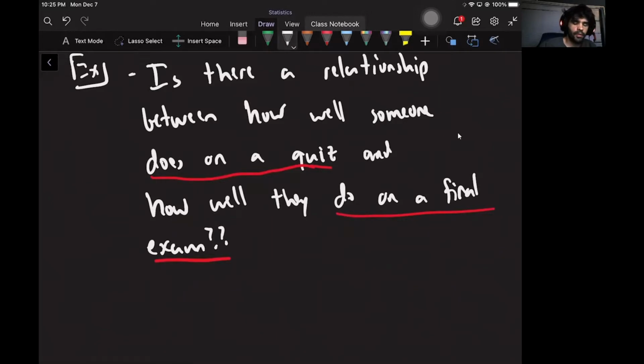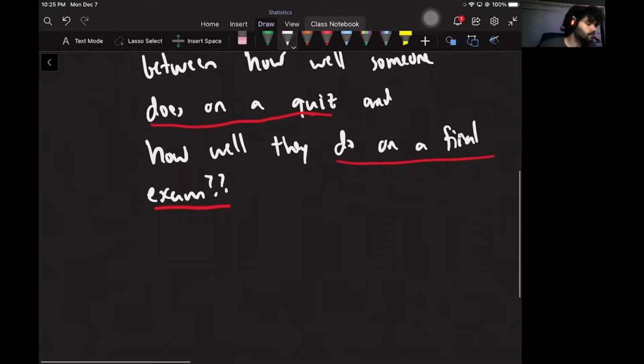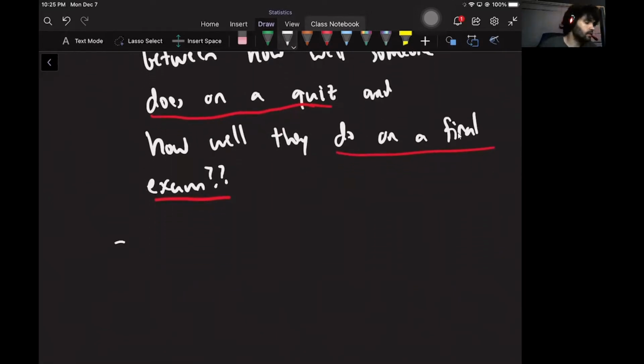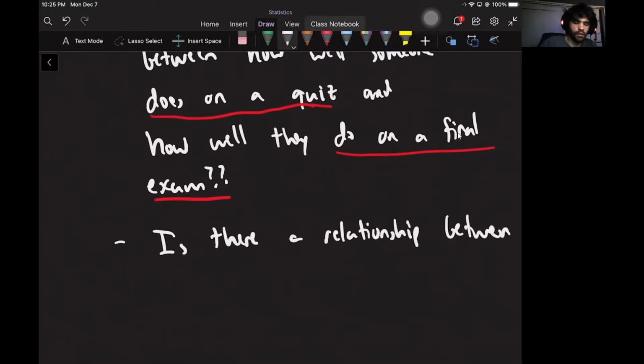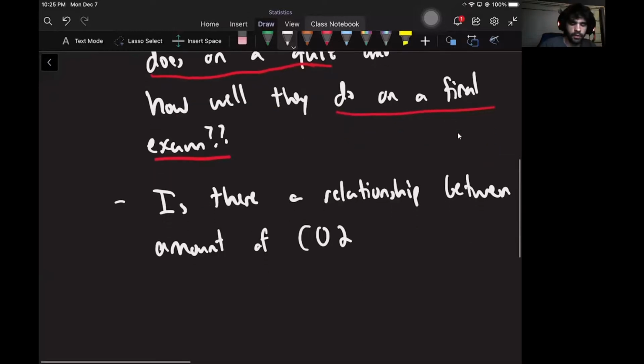So that's one example. But then there's much fancier things. This is a very big thing now. Is there a relationship between the amount of CO2 released and an increase in temperature? I don't know if the 2 is big or small because I don't know any chemistry.